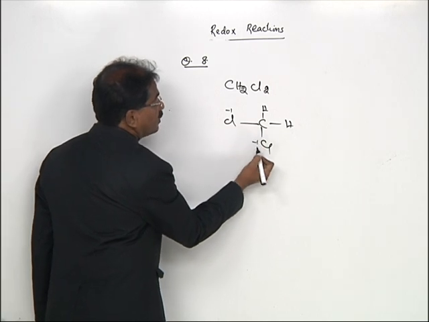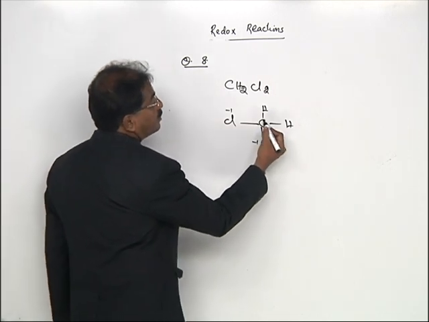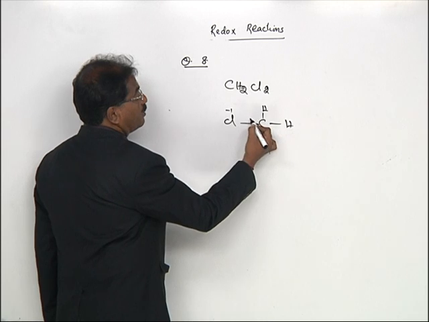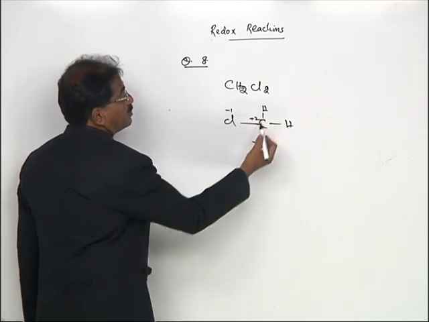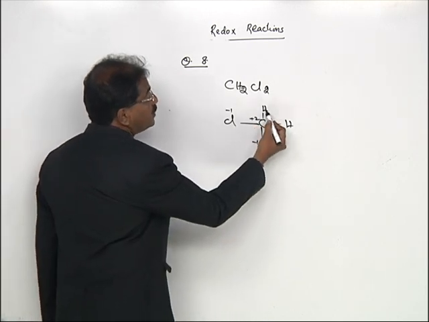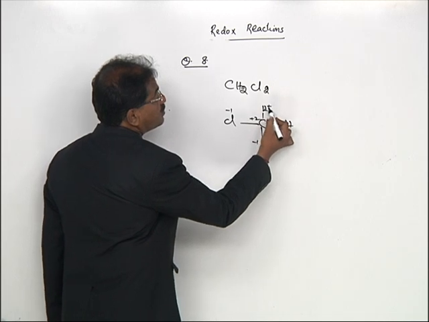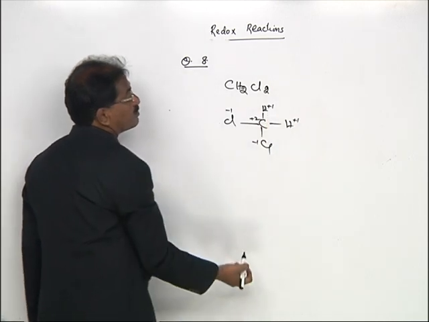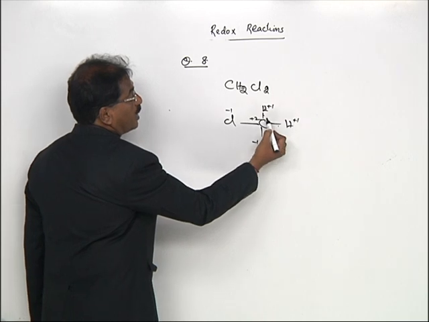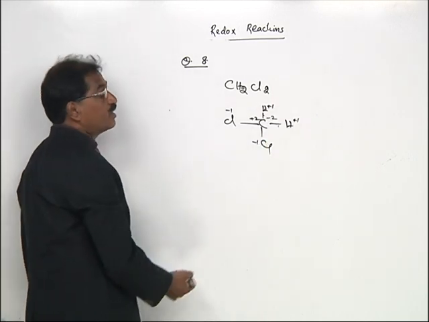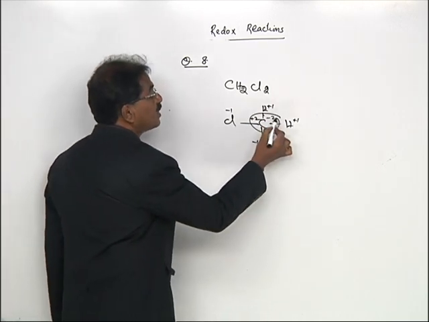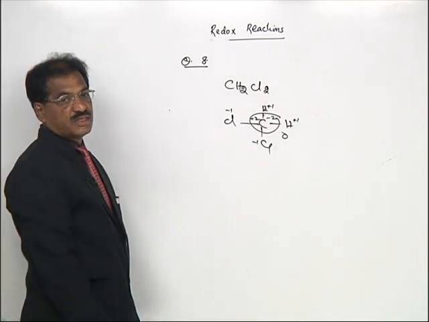Due to these two bonds, carbon loses 2 electrons. Next, hydrogen. Here the hydrogen oxidation state is +1. Therefore, due to these two bonds, carbon will gain 2 electrons. Therefore, the net change in the oxidation state of the carbon is 0. Therefore, the answer is 1.